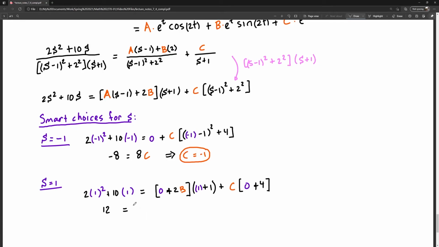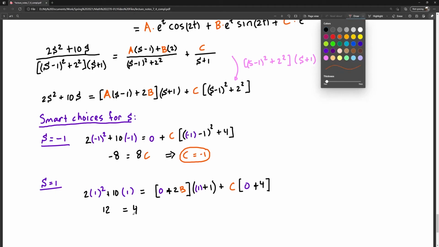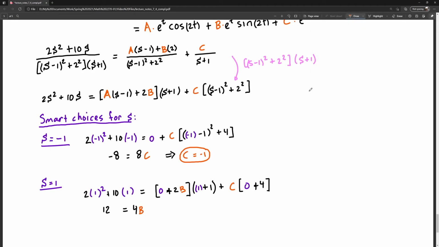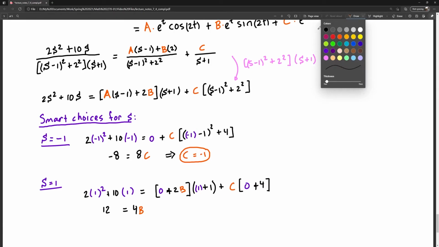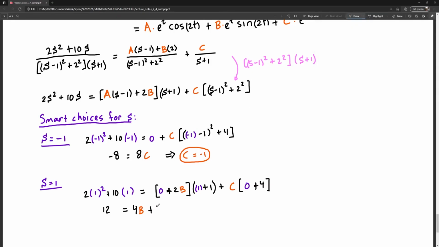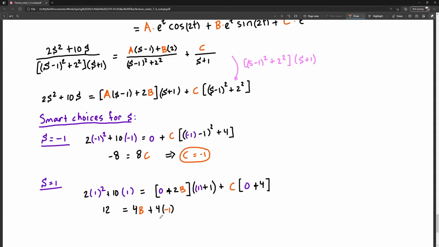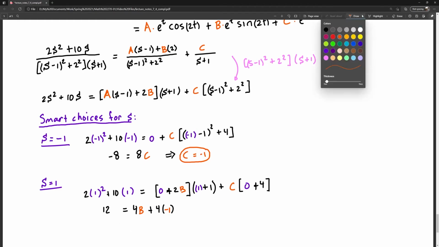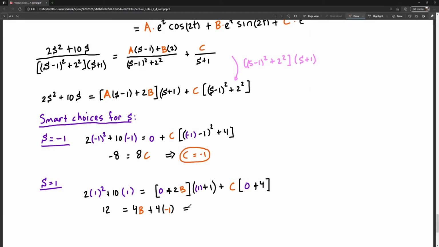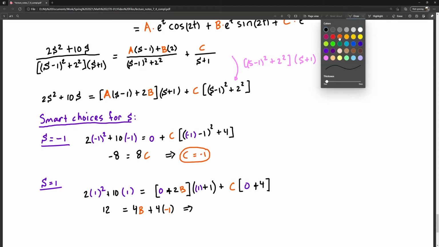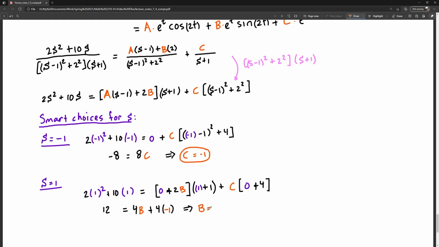That gives us 4b. And then we have 4 times c. And we just found out that c is -1. So that's 4 times -1. And solving that for b will give us that b equals 4. So b equals 4.